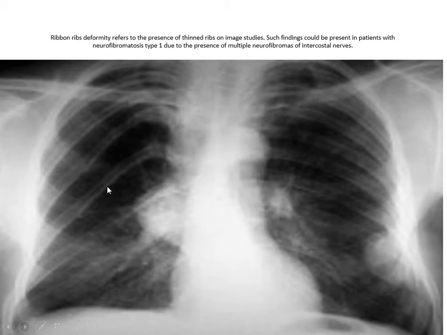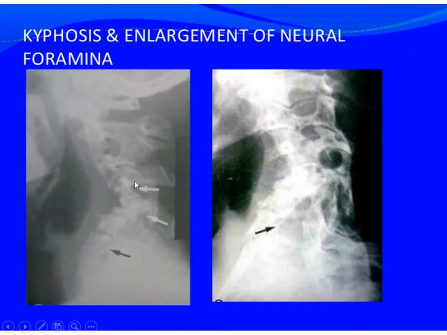And this image is a chest X-ray showing the ribbon rib sign. The ribs are thin, as we see in this image, and this is a feature of neurofibromatosis. And also we have kyphosis and enlargement of the neural foramen.